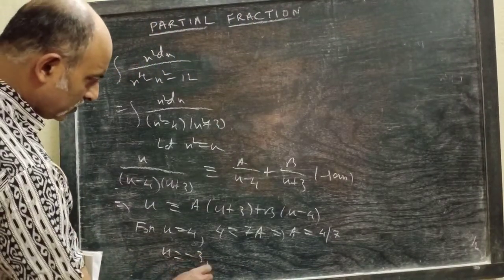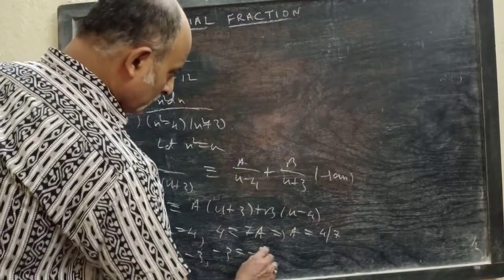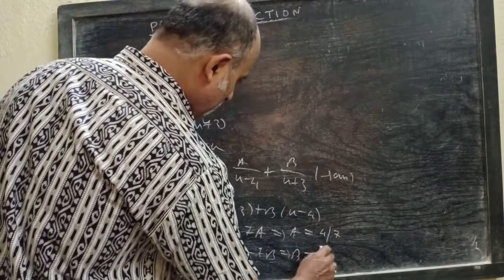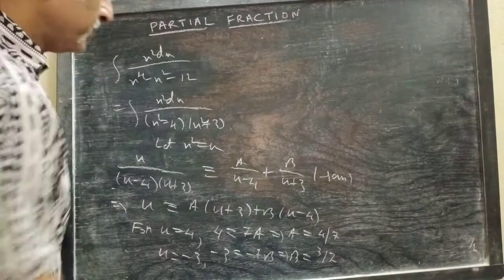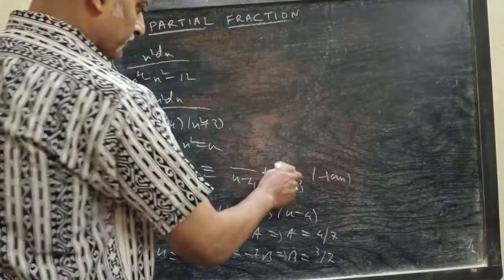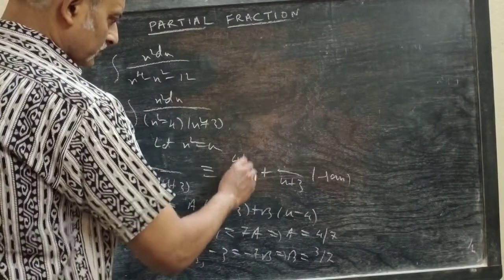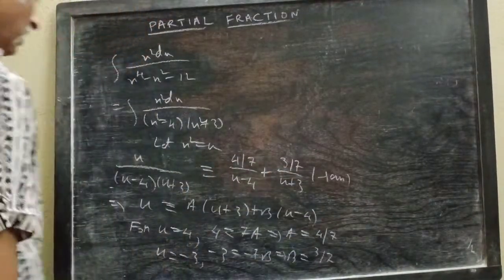For u equals minus 3, minus 3 is equal to minus 7b. So b is 3 by 7. A is 4 by 7 and b is 3 by 7.